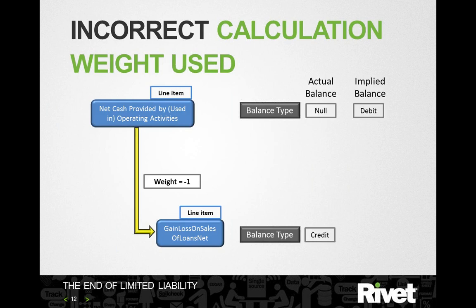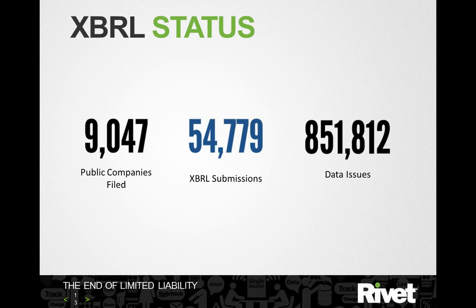So they're the three biggest issues that we've seen to date in filings: the negative issues, using inappropriate members on an axis, and getting the calculation weight incorrect in the cash flow statement. There are a number of other issues as well that we can talk about, but if companies get at least those three correct, they'll go a long way towards resolving a lot of the simple problems in their filings.